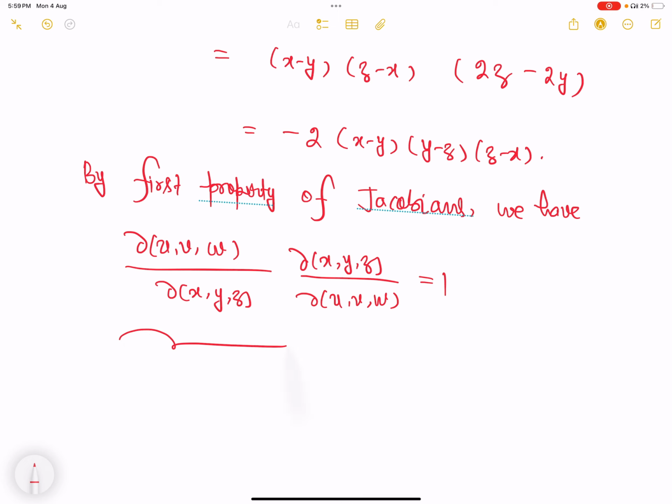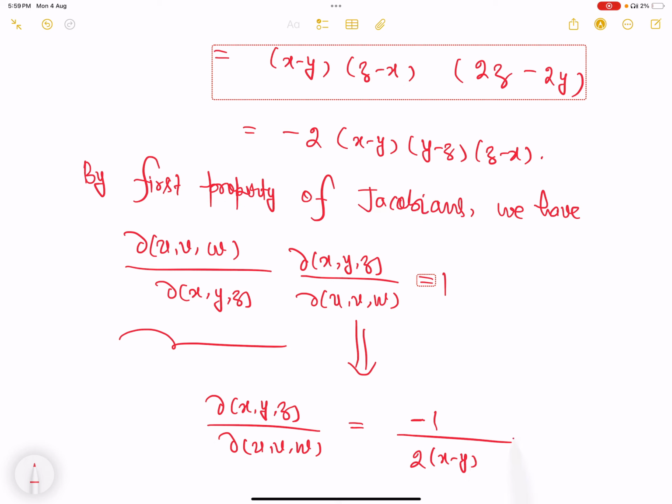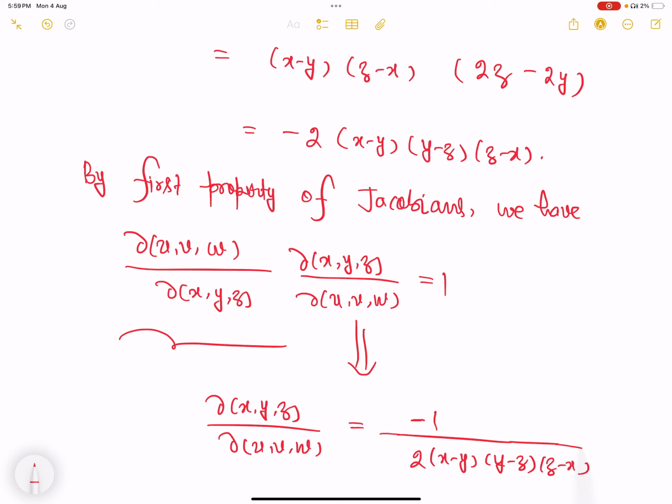So this value we calculated, and now we can find this value. So what is this? It is minus 1 upon 2 (x minus y)(y minus z)(z minus x).